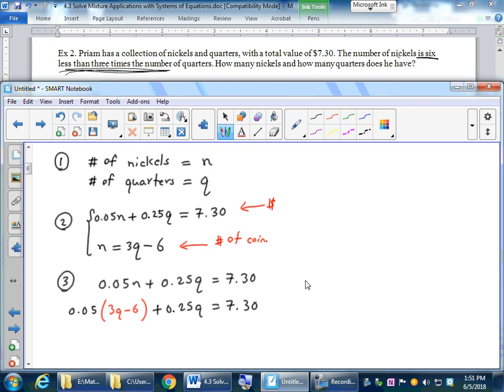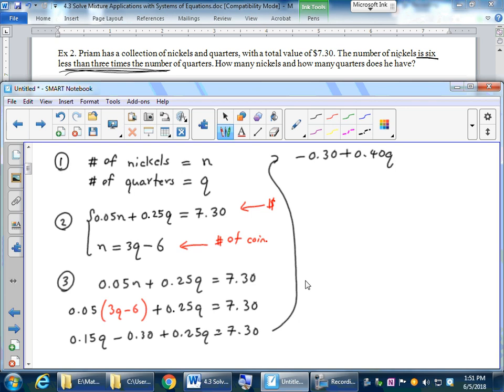And when you distribute the 0.05, that will become 0.15q minus 0.30 plus 0.25q equal to 7.30. Simplifying it, that gives us 0.15 plus 0.25, which gives me 0.40q minus 0.30 equal to 7.30.